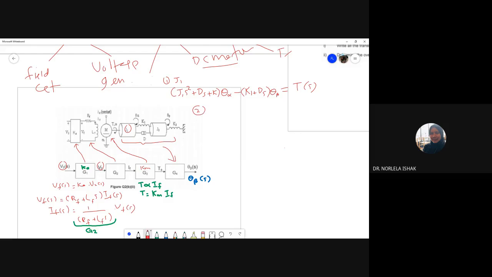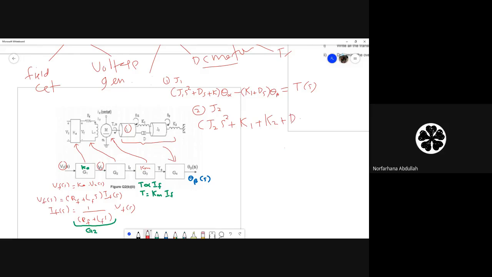Okay. So, how about inertia number 2? J2. How about J2? Macam mana nak check inertia number 2? J2 S squared plus K1 plus K2, kan? Betul tak?